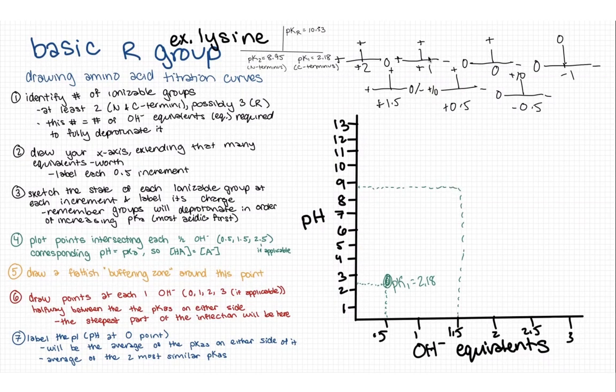And so we can go ahead and sketch that point in. And this is going to be our pK2 equals 8.95. Now, finally, we're going to take our third pKa value, this time our pKr. This is going to be 10.53. You can draw a dotted line over from that to our 2.5 equivalents.